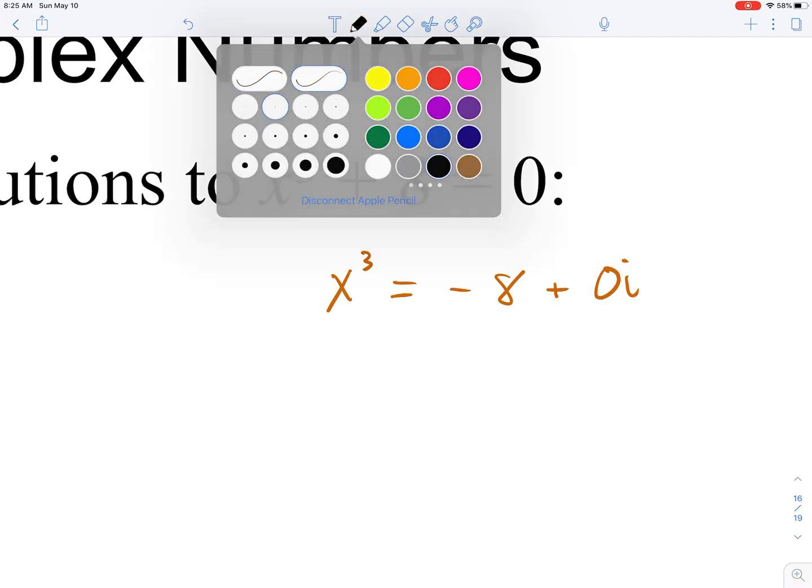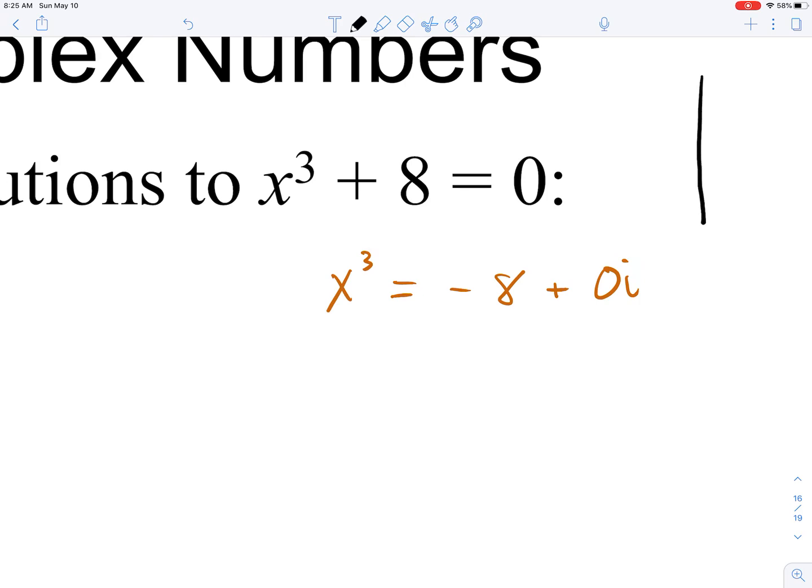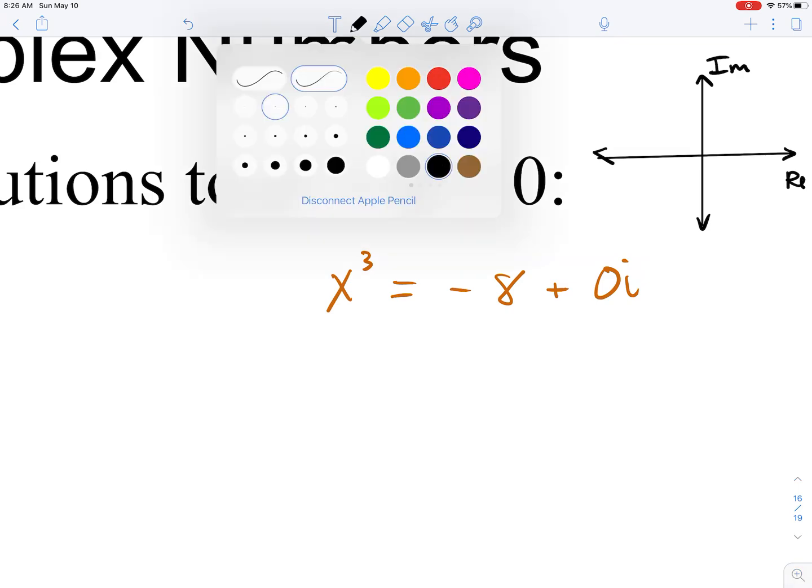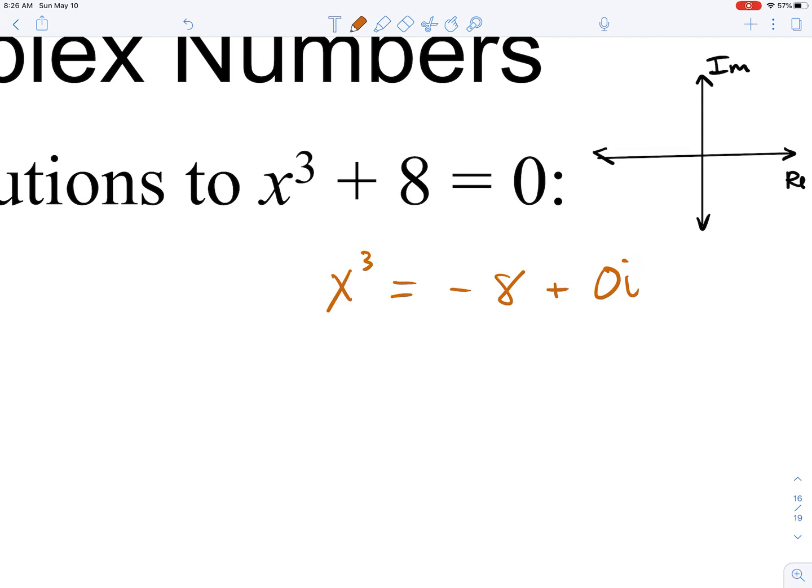First thing that we need to do in order to apply the nth root theorem here is to rewrite negative 8 plus 0i in polar form. I think it's helpful when trying to rewrite a complex number that's in rectangular form in polar form to graph it in the complex plane.